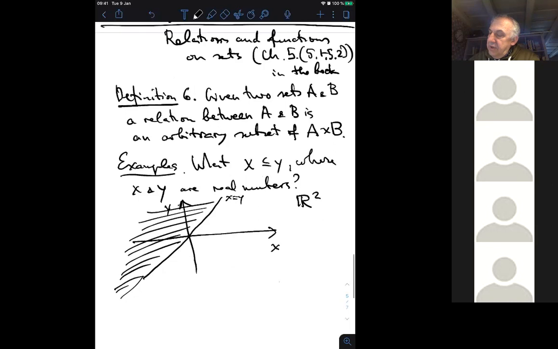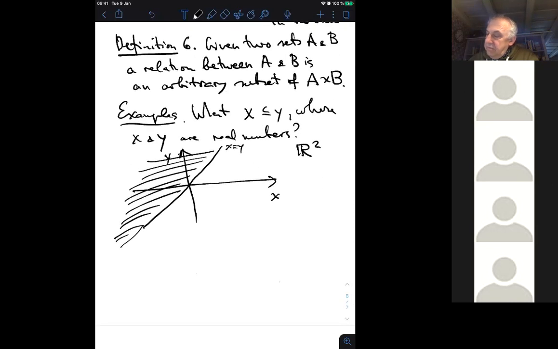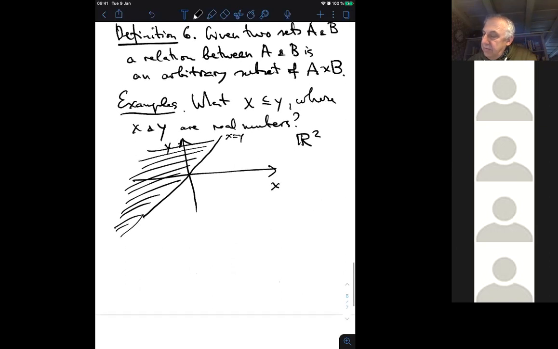So what is the relation? Relations could be of really very different nature. What about x equals y, for example? Well, that's just the diagonal, of course.